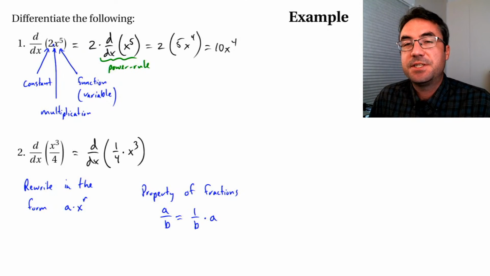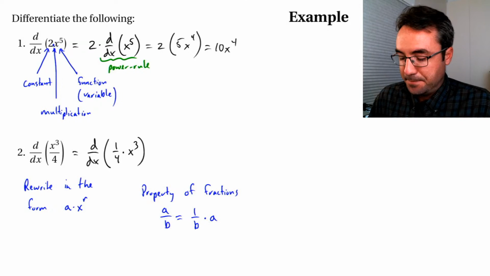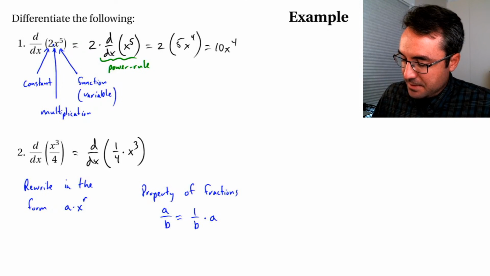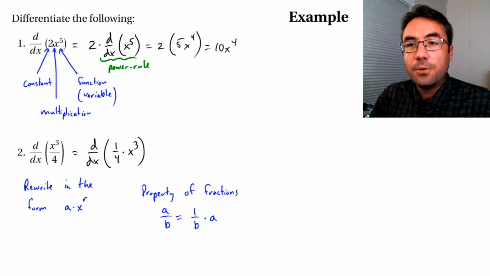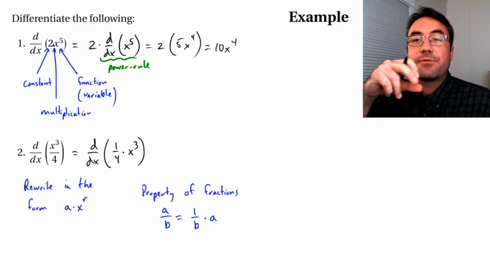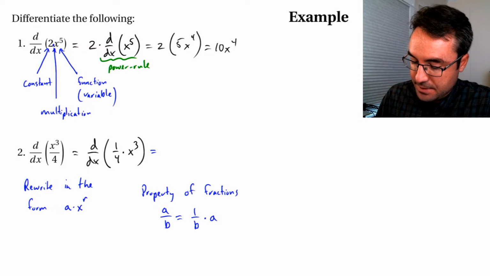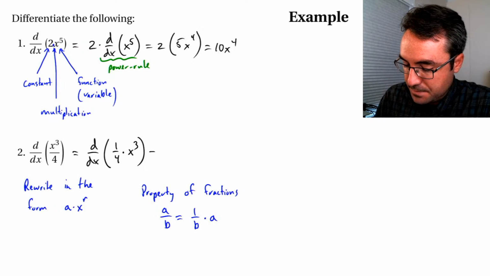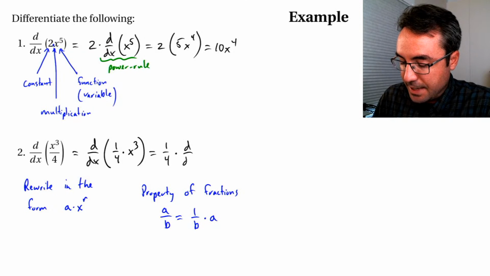So division is the same thing as multiplication by the reciprocal. That's what we've done there. And that 1 over 4 is just a number, so we can move that out front of the derivative now. So we can move the 1 over 4 in front, and it's times the derivative of just the x cubed.